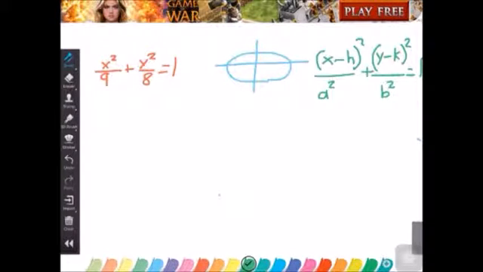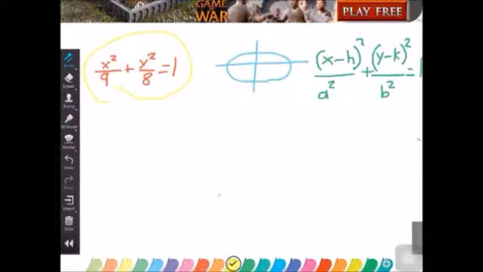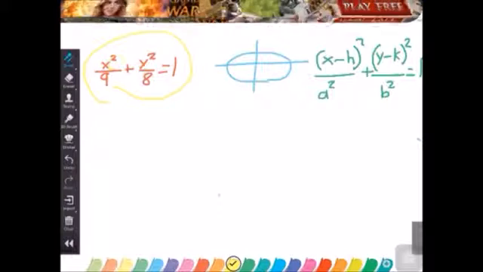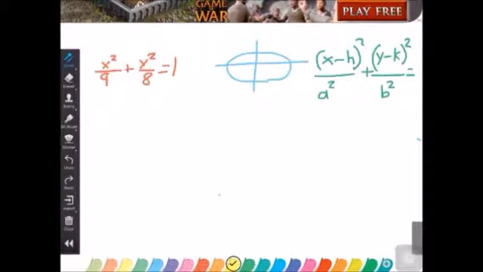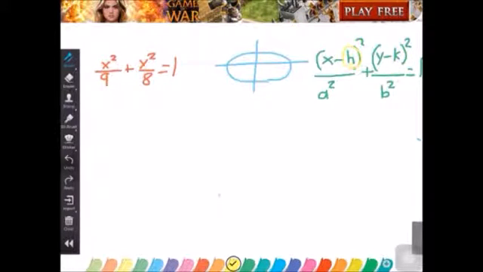So looking at our actual equation of an ellipse, we can see that we have no h and no k values. One of the properties of an ellipse is that its h and its k values are equal to what the center of the ellipse is going to be.